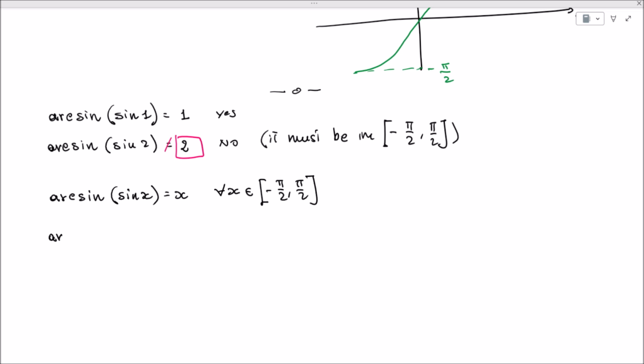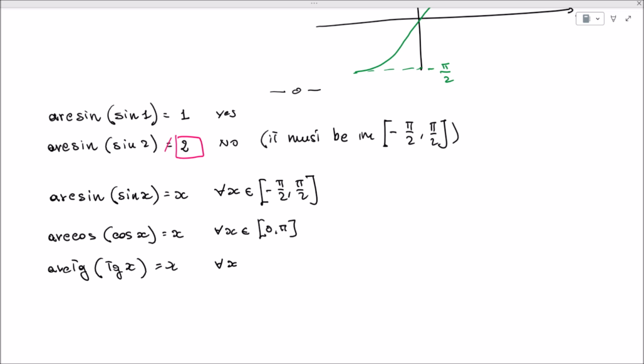Similarly, if we apply the arc cosine to the cosine of x, this is equal to x only if x belongs to the interval 0 to pi, and if we apply arc tangent to the tangent of x, this is equal to x only if x belongs to the interval minus pi over 2 and pi over 2, because this is where the tangent function is invertible.